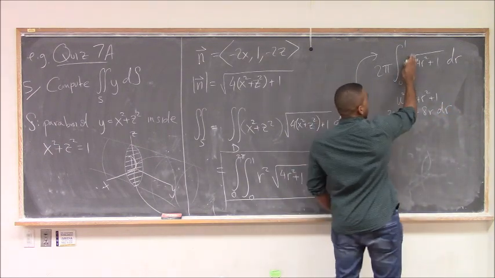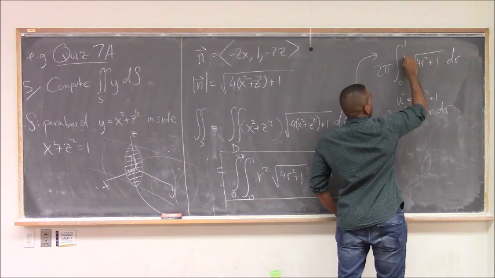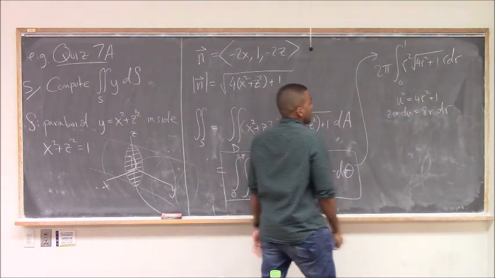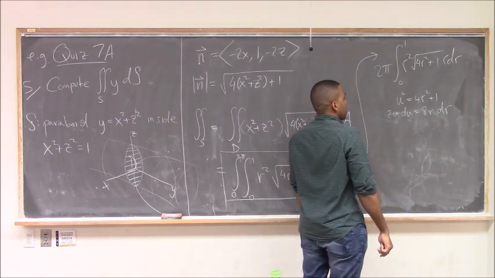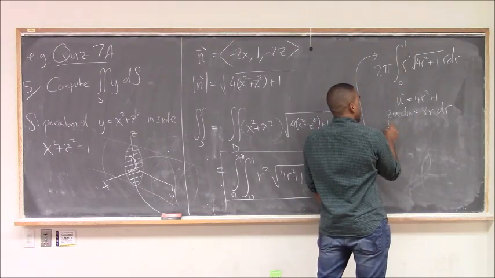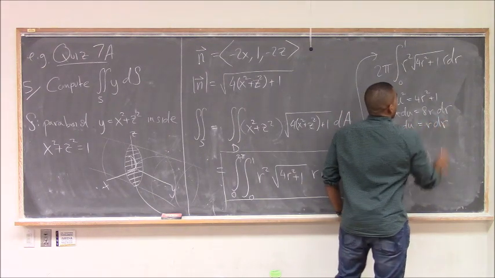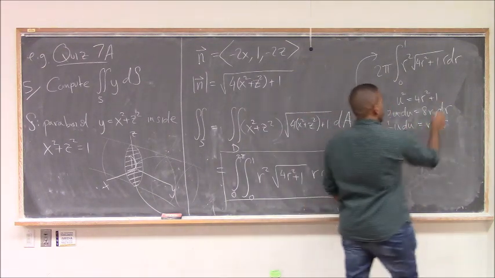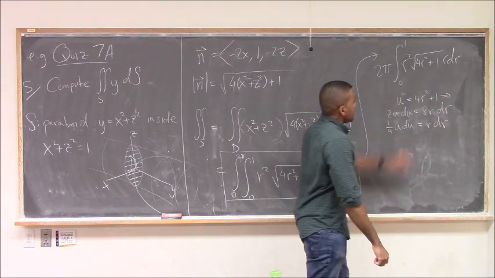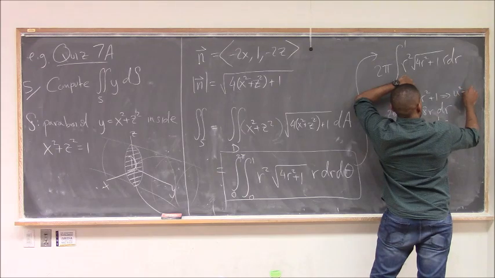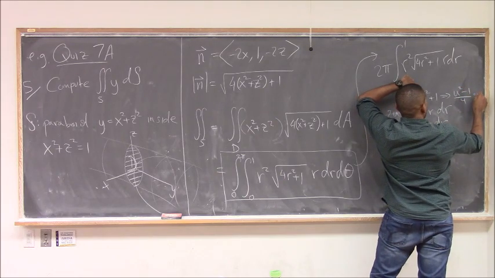Notice that my r cubed I can think of as r squared times r. And so now I get 1 over 4 u du is equal to r dr. And my r squared, I can solve for from this. So r squared is u squared minus 1 over 4.